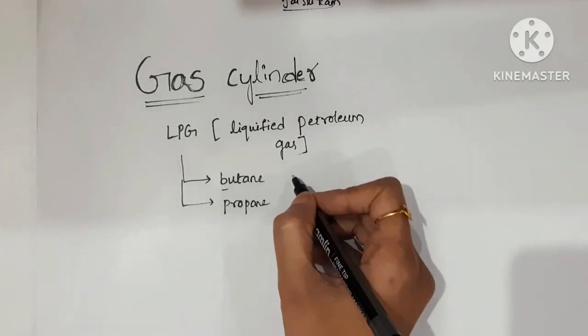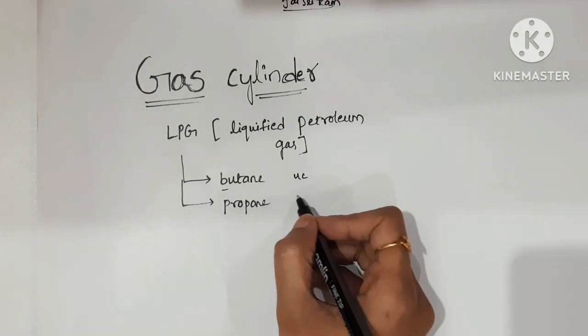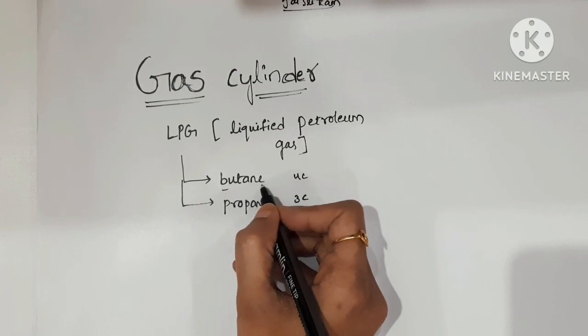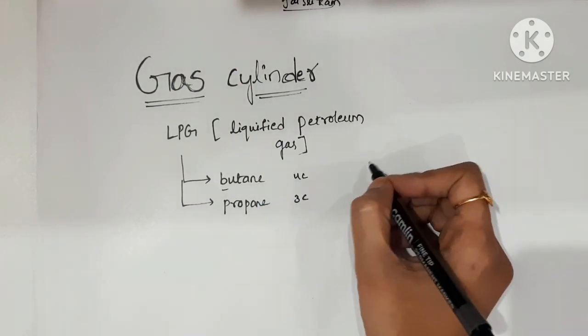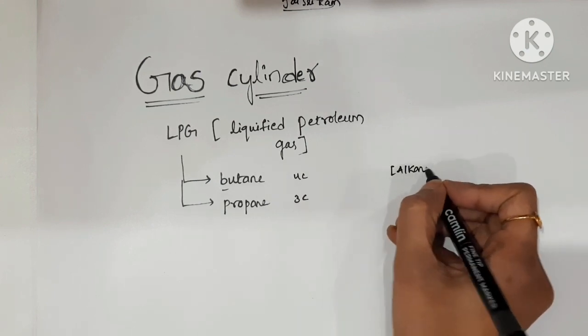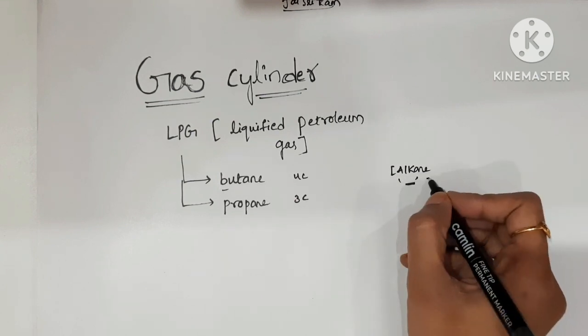Buta means 4 carbons, and propane means 3 carbons. Here, ane means alkane, that means a single bond between carbon and carbon.